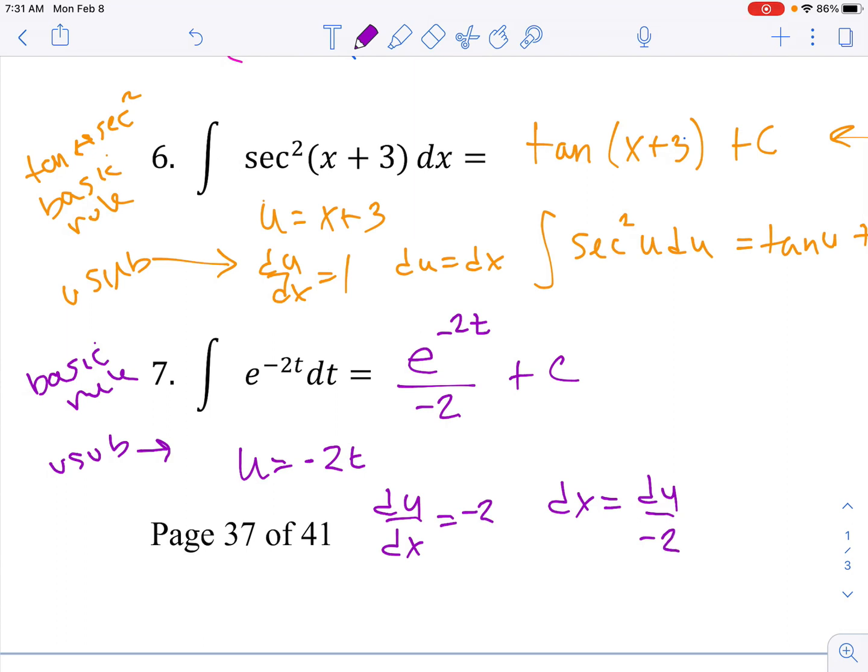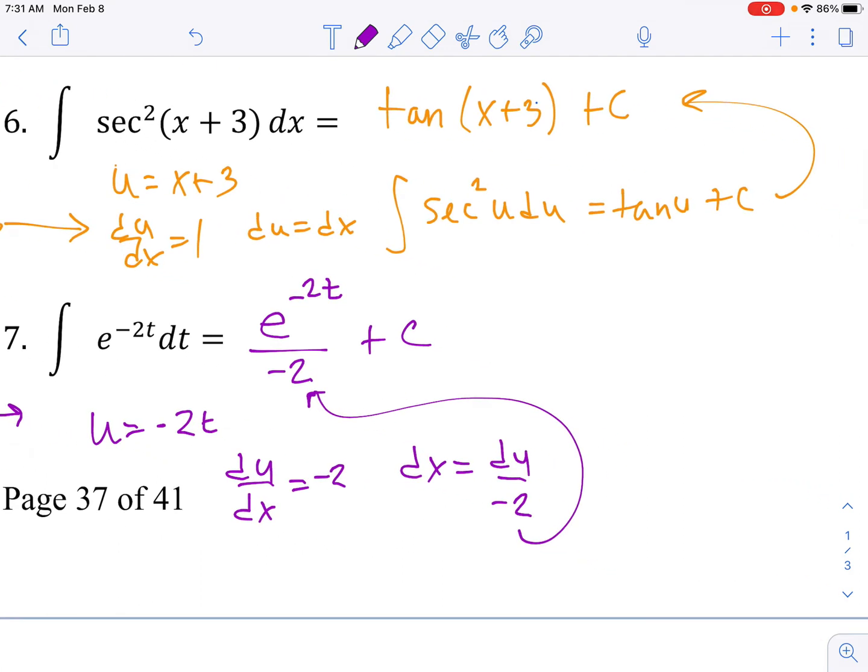You can start to see why that negative 2 goes into that shortcut, because now this substitution is going to be e to the u. We're going to substitute this in here, and this in here.